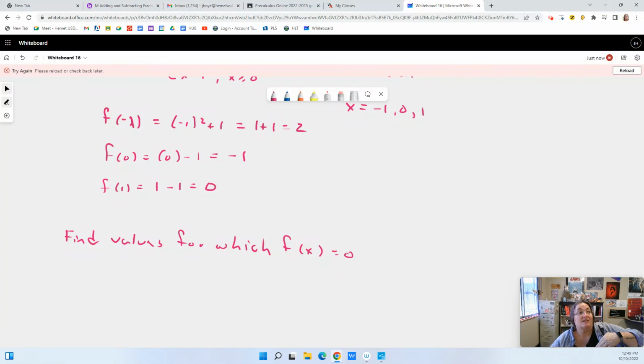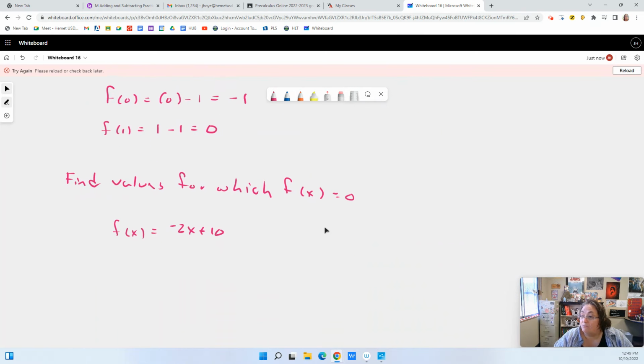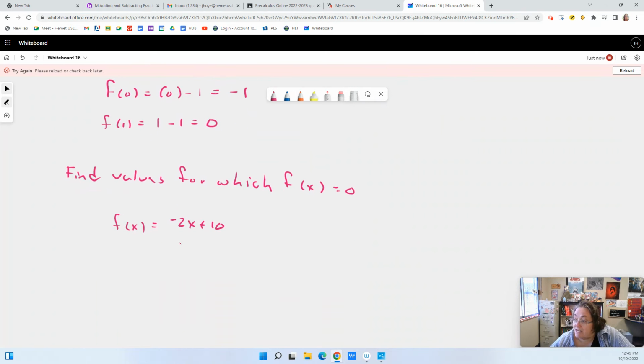It just means if I have f of x equals minus 2x plus 10, and they're going to ask me to solve it for when f of x equals 0, I'm just going to take this equation and set it equal to 0 and then solve it.